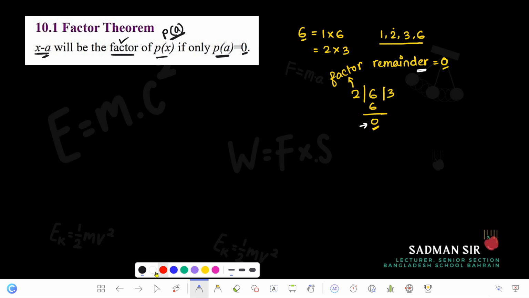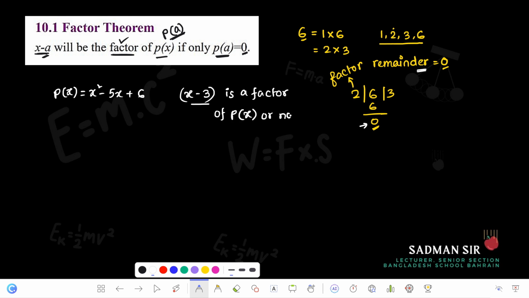For example, if we have a polynomial p of x, I will take one that is similar to the previous one, x square minus 5x plus 6, and let us say they are asking to check if x minus 3 is a factor of p of x or not. How can we verify this? We know that when p of x is divided by x minus 3, the remainder will be p of 3, right?